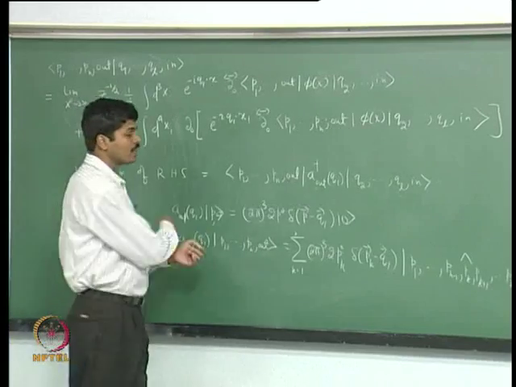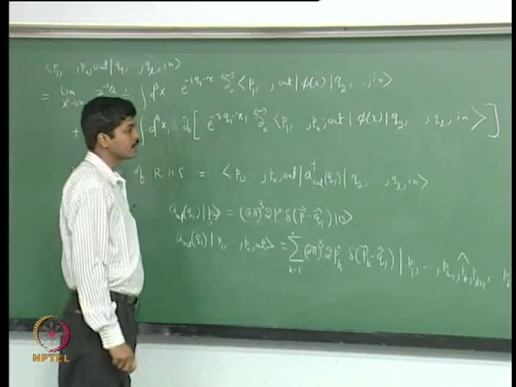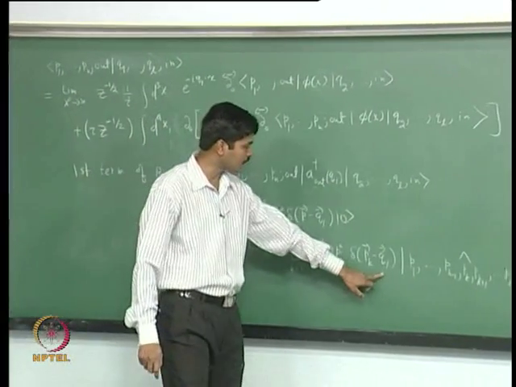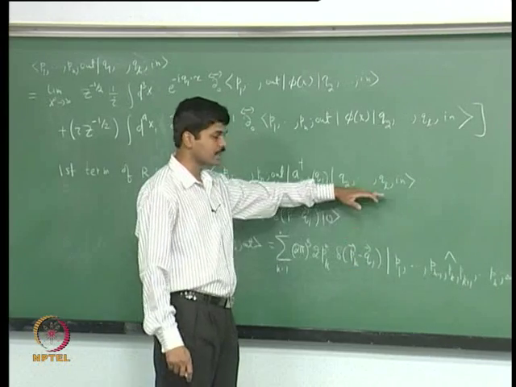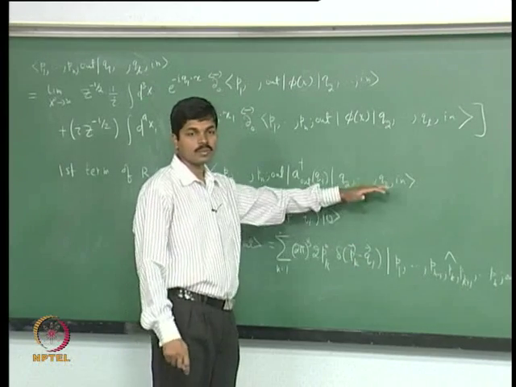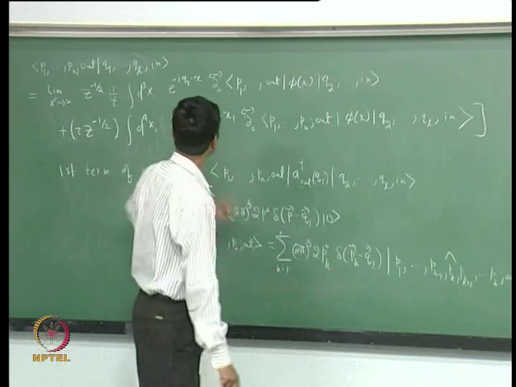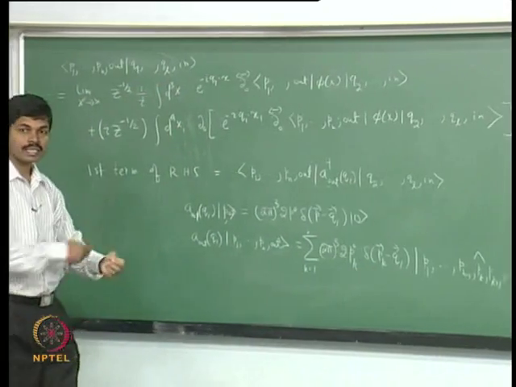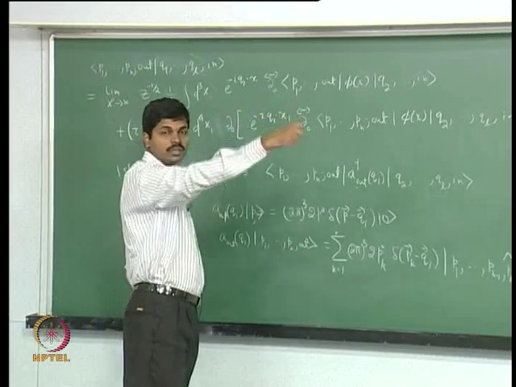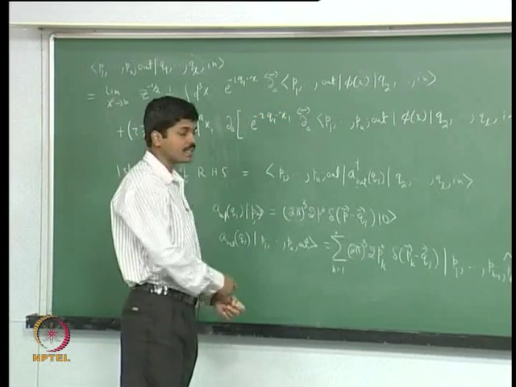So, basically this delta function says that this will give you a non-zero contribution if and only if one of these L incoming particles goes through without any interaction, completely undisturbed.